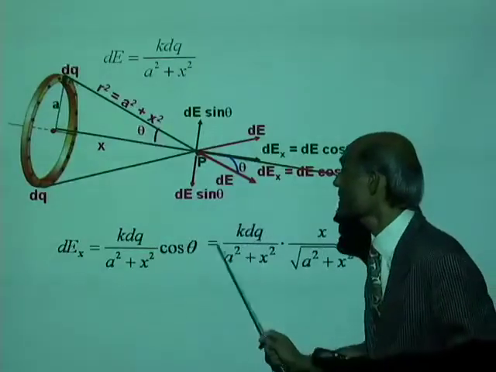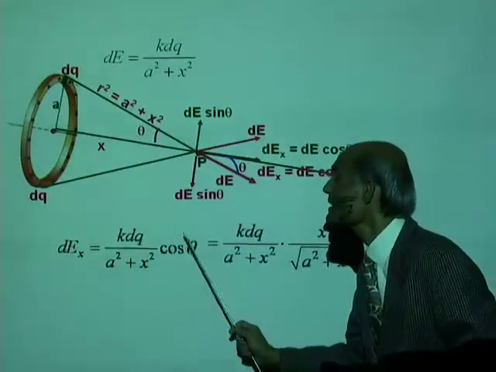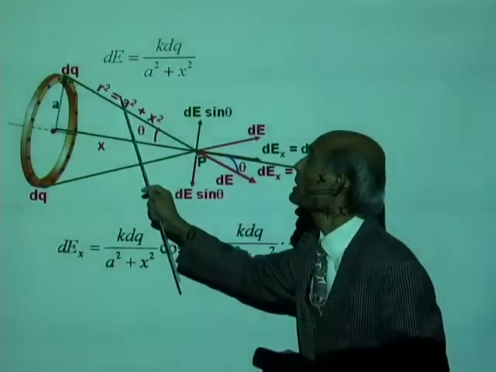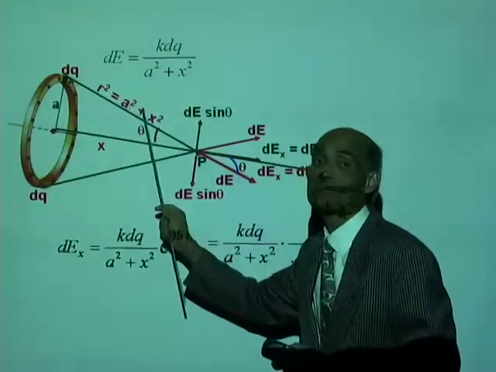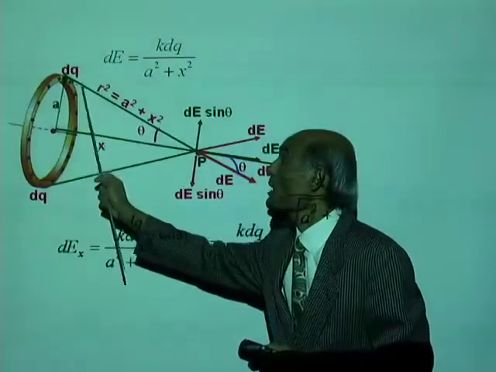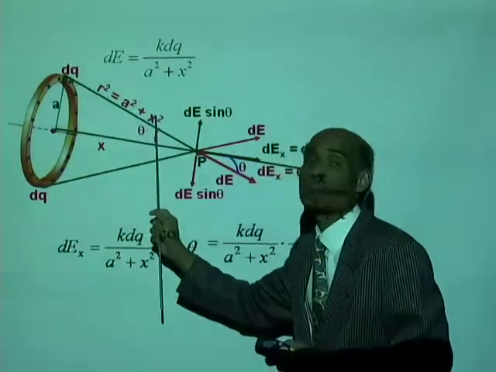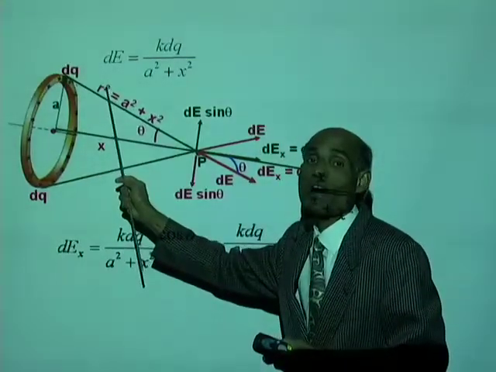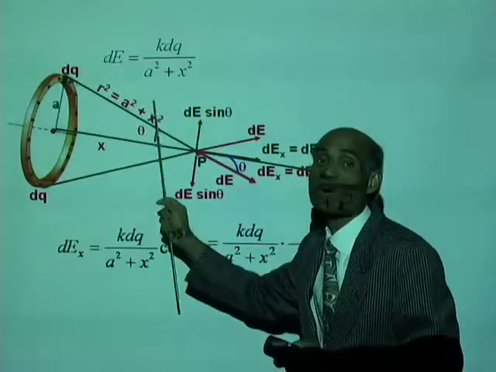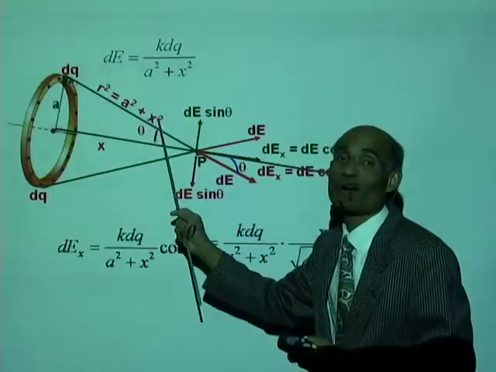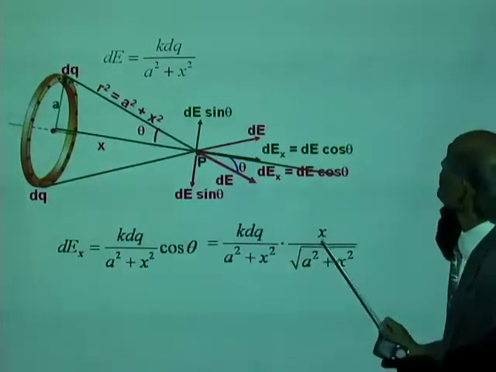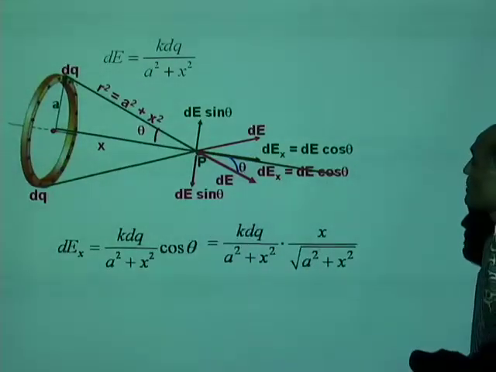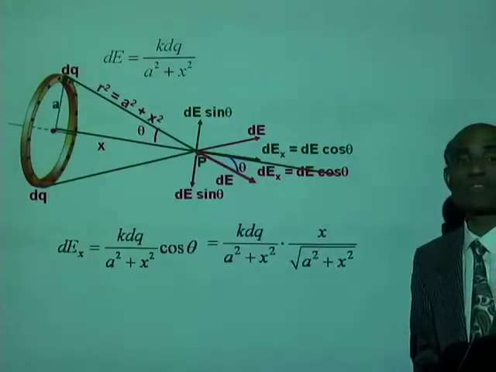So I can now write cos theta as x over the square root of a squared plus x squared. I hope you understand that. R squared is a squared plus x squared. Therefore, r is equal to the square root of a squared plus x squared. And cos theta is x over r, which is x over the square root of a squared plus x squared.